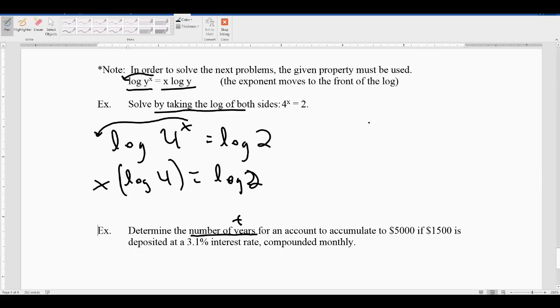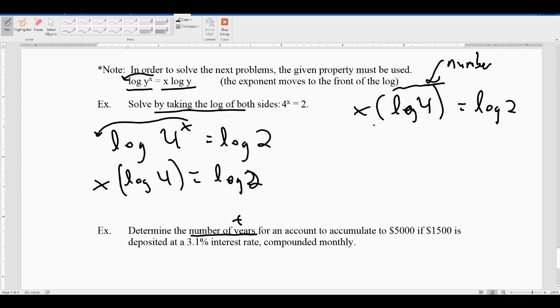So x log of 4 equals log of 2. That whole thing is considered a number. So to get the x by itself, you divide by log of 4.